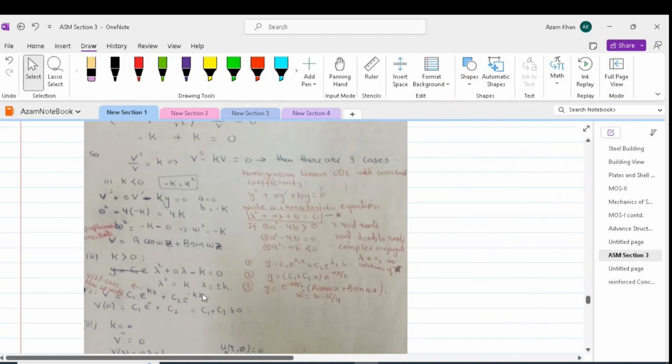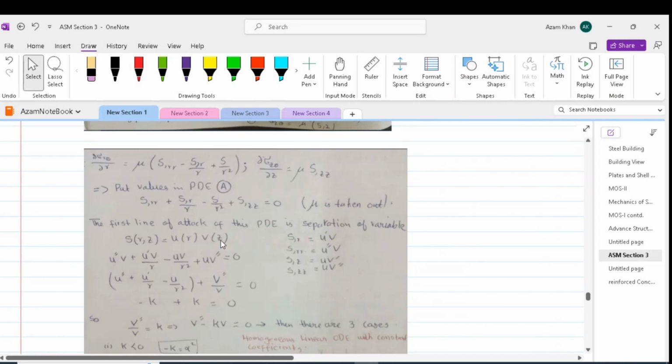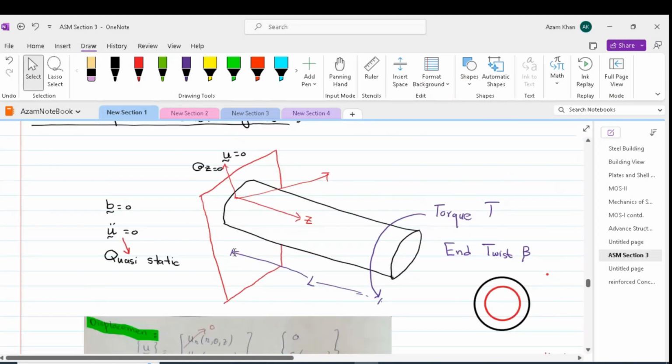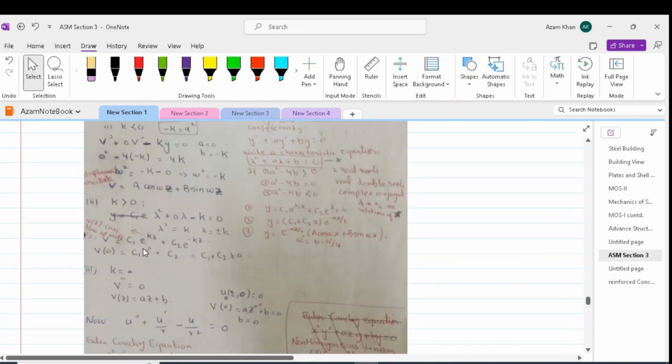Please remember, v is a function of z. We would expect that as we move away from the origin, v of z increases, but it should not increase exponentially. So therefore, exponential values cannot be accepted.